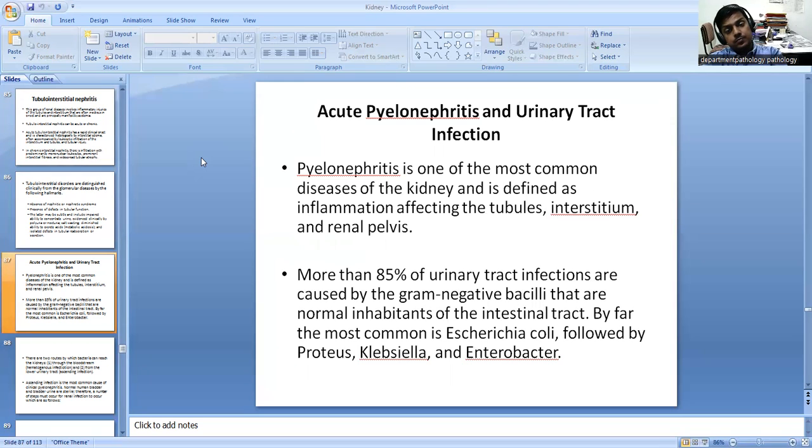More than 85% of urinary tract infections are caused by gram-negative bacilli that are normal inhabitants of the intestinal tract. By far, the most common is Escherichia coli, followed by Proteus, Klebsiella, and Enterobacter species.